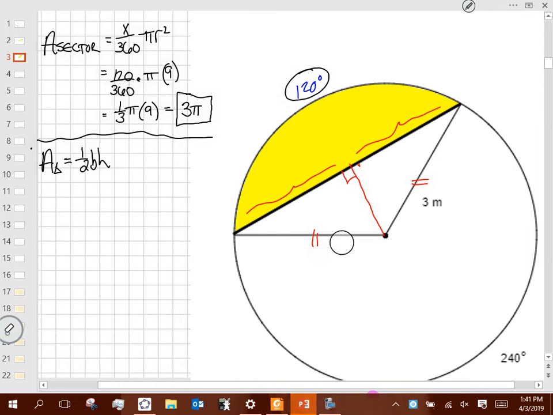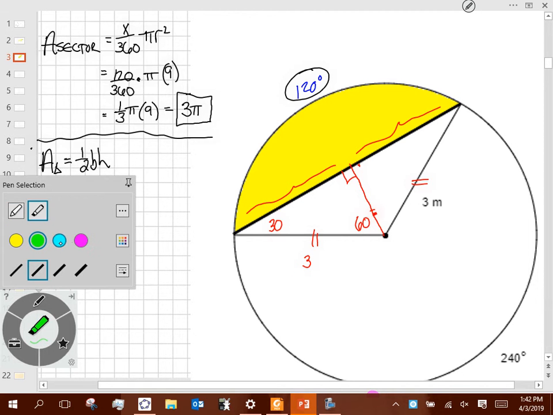Okay. We also know that it does something to this angle right here. What does it do to that angle right there? Bisecting. You told me that angle was what to begin with? 120. So if I bisect it, I get 60. And now that relationship gives me a 30, 60, 90. Now we have information.